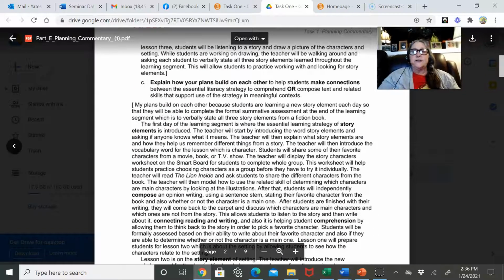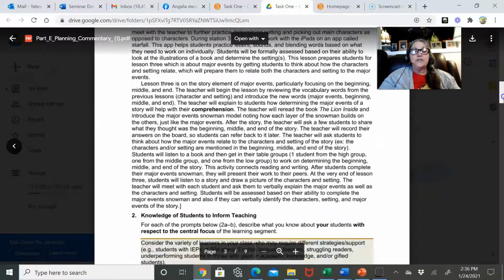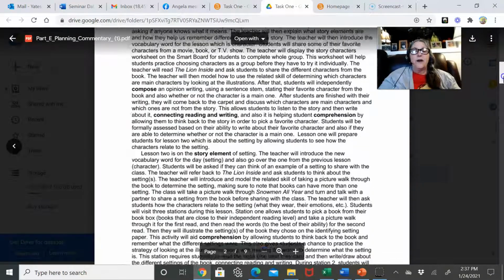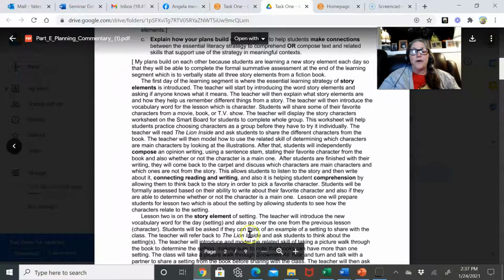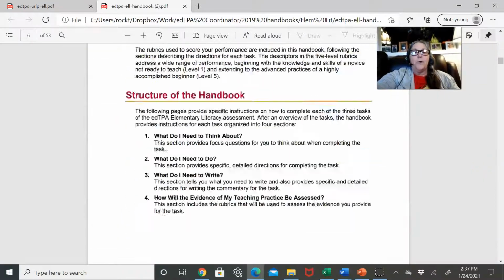And when she gets to this part, I want you to look at how much she writes for 1C. That is because she is making a strong argument that she has lessons that build on one another. And that is so important for rubric 1.